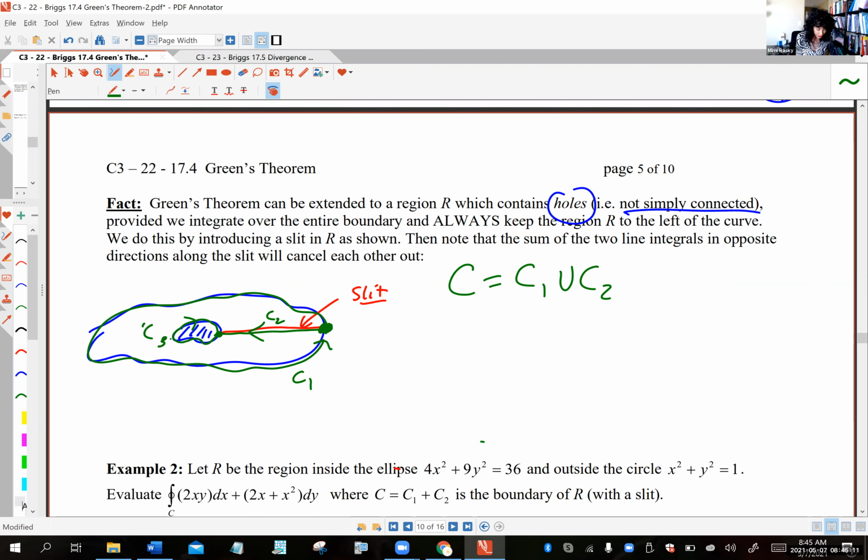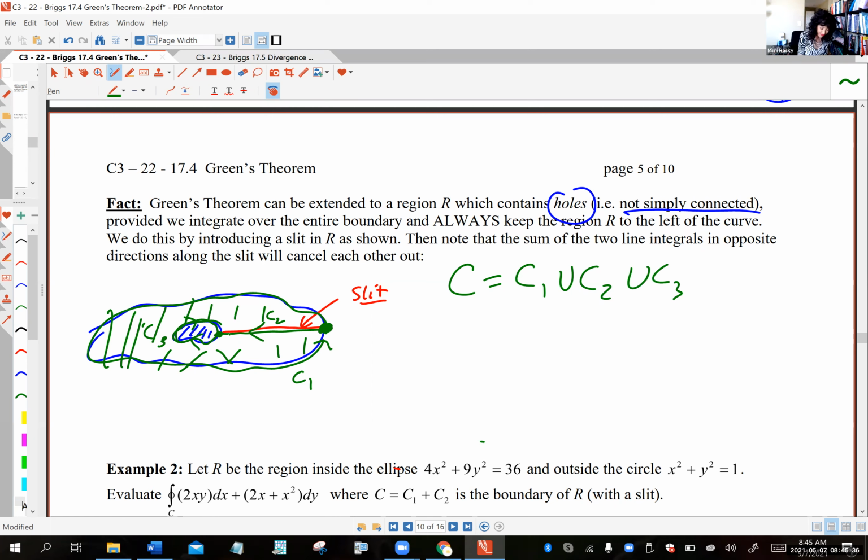We'll call that little curve C3. How come you have to go around the hole clockwise? Think of driving again. If you were driving around that hole boundary clockwise and you look over your left shoulder, you still see your land mass here. You need to see it over your left shoulder. So that's why C3 goes around clockwise.